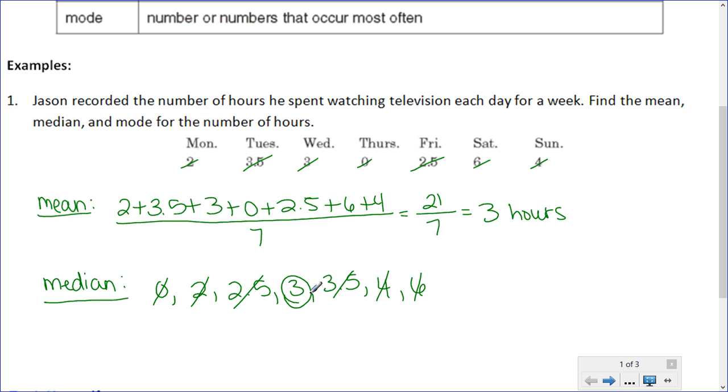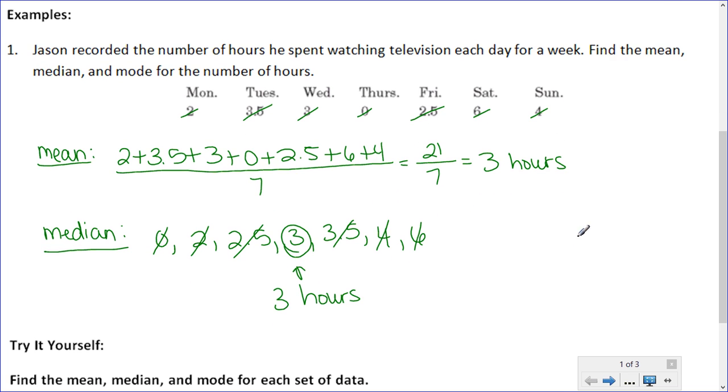And then here we are in the middle. This is the median. So the median is also, just like the mean was 3 hours, the median in this set is also 3 hours. This tells you that half of the numbers are greater than 3 and half of the numbers are less than 3. It truly is the middle number.